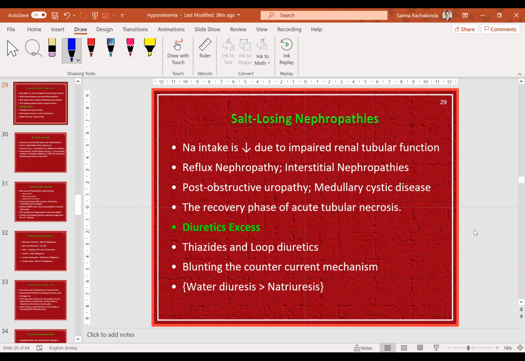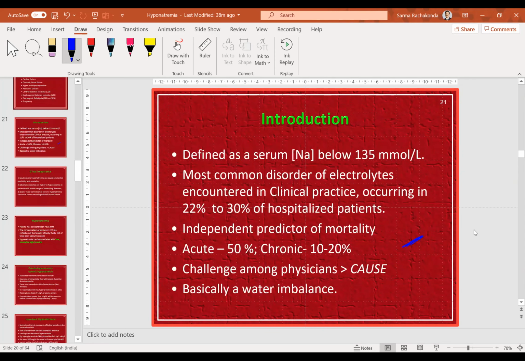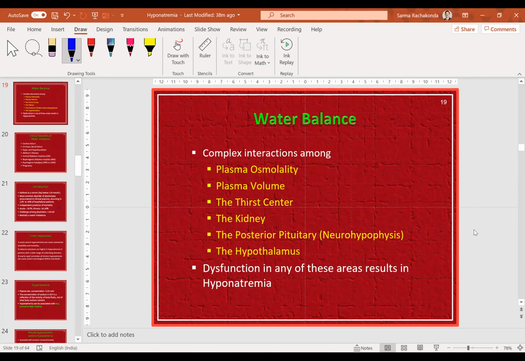It's not one disorder. We also looked at pseudo-hyponatremia, the fictitious hyponatremia. All these conditions look clinically very similar, but one has to be very careful in separating them, for which we use the diagnostic algorithm as well as the treatment algorithm. With that, I stop sharing.